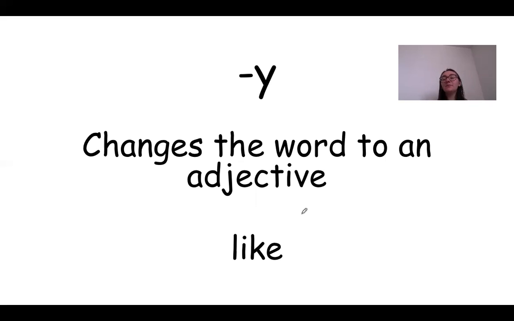If I said that is salt, I'm saying that it's actually salt, like the little grains that you put in your food. If I said that is salty, it means that I'm saying that it tastes like salt. It seems like it is salt, like it has a lot of salt in it.